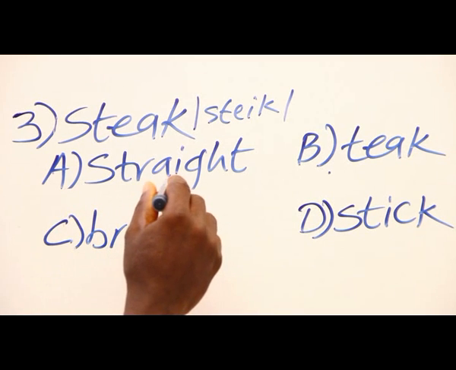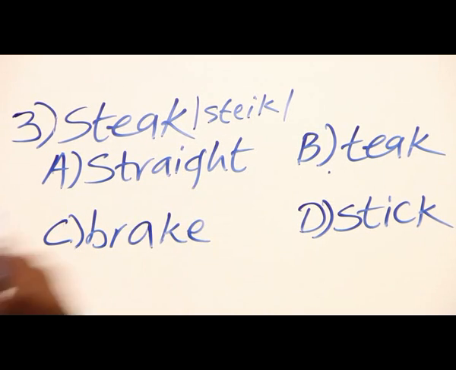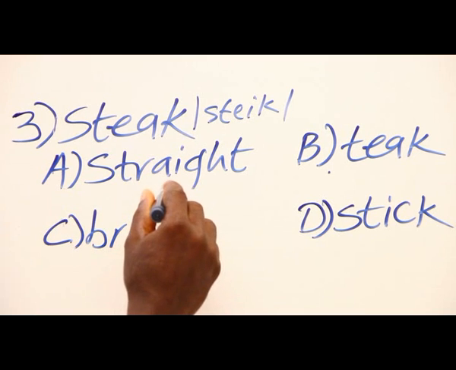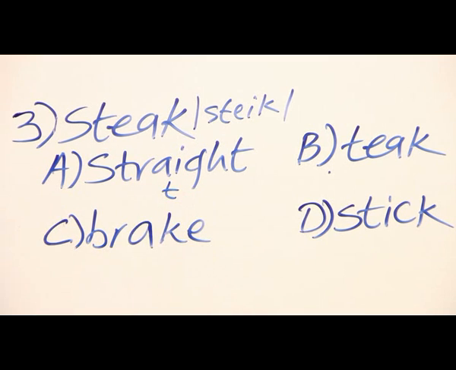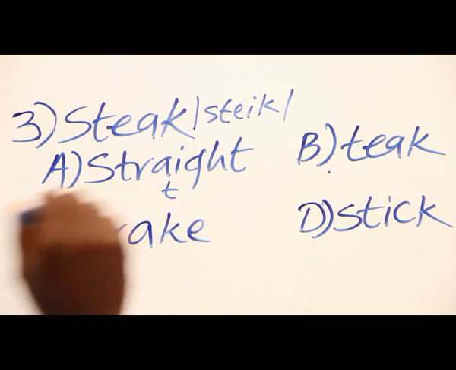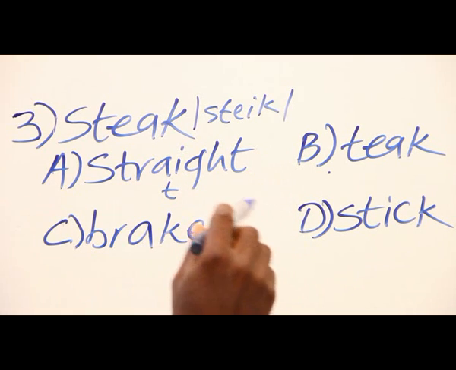If you look at straight, we have T at the end. So that rules out option A, because the last sound of the given word is the voiceless velar plosive.